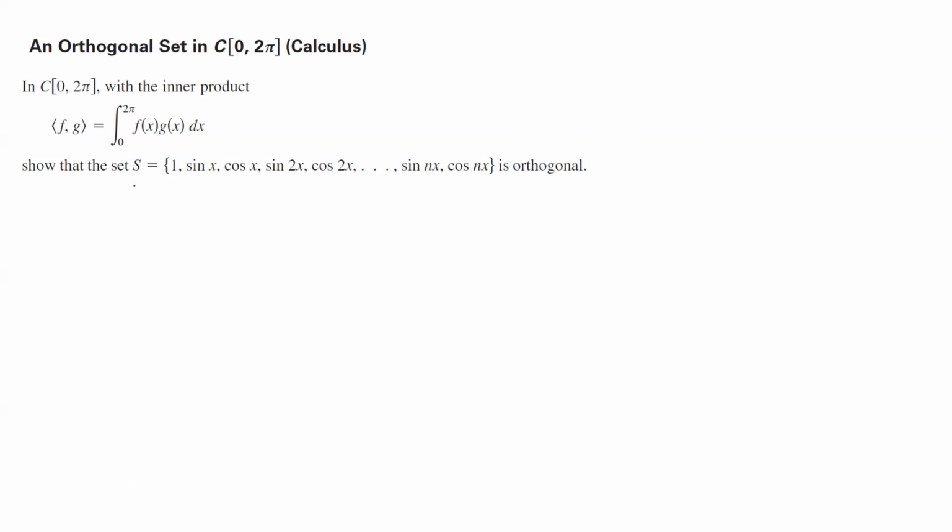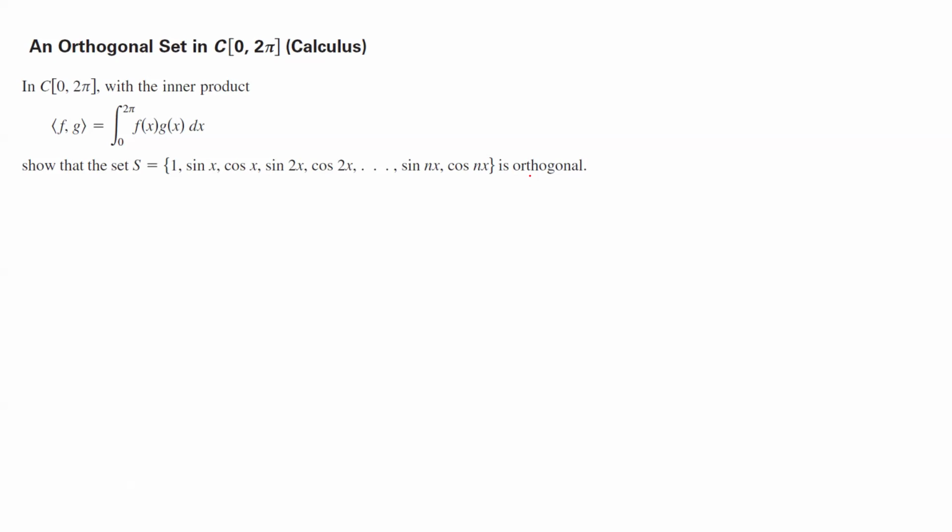We want to show that the set S, including 1, sine x, cosine x, sine 2x, cosine 2x, and continuing this process, sine nx, cosine nx, these functions form an orthogonal set.